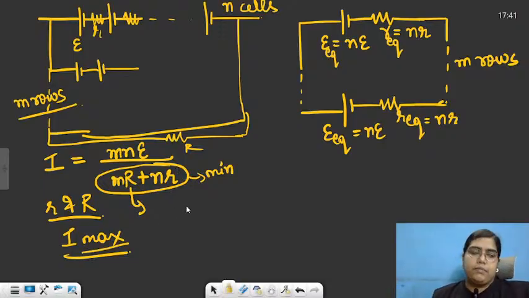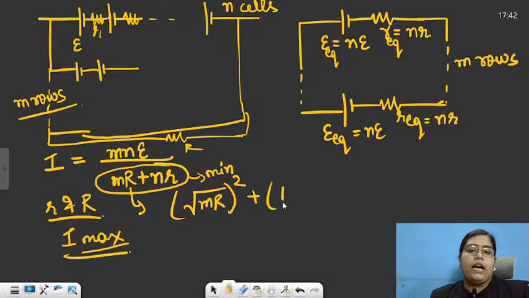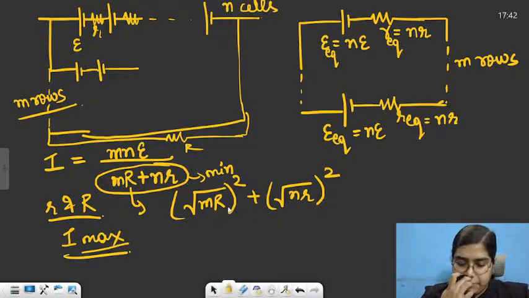To maximize the current, we have to minimize it. If we have to minimize it, we just followed a trick. We can write it as under root of mR whole square plus under root of nr whole square, and you can see it as a square plus b square.